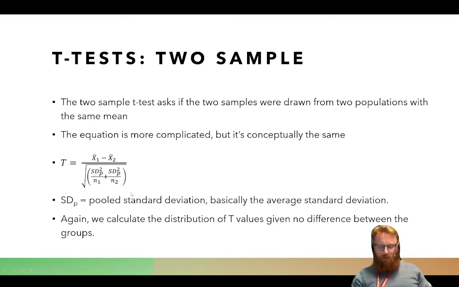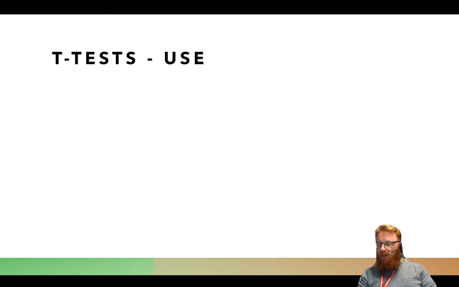You have to do something complicated because your two groups could have slightly different variances. But if the standard deviations are identical, then this works out to be exactly the same as the previous equation. And we calculate t, and we again ask, what is the distribution of t if there was no difference between these groups?